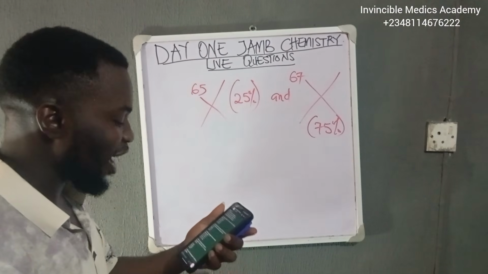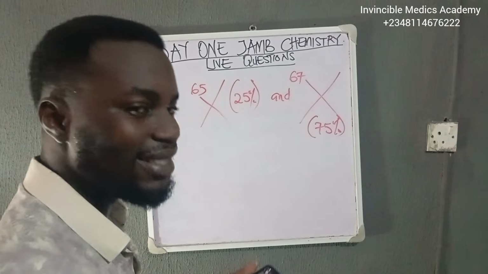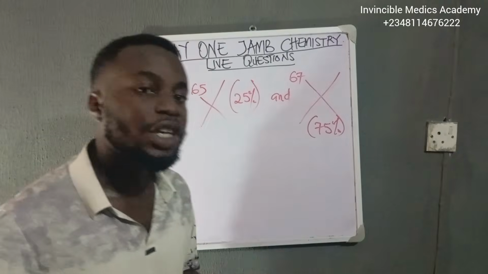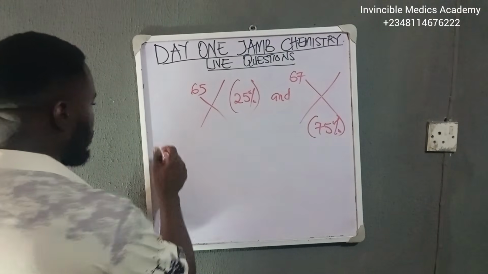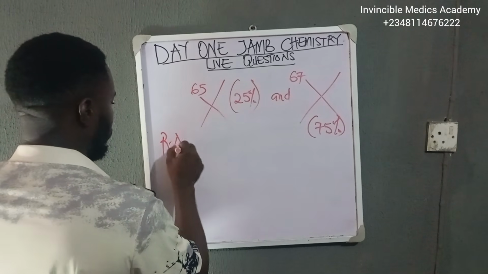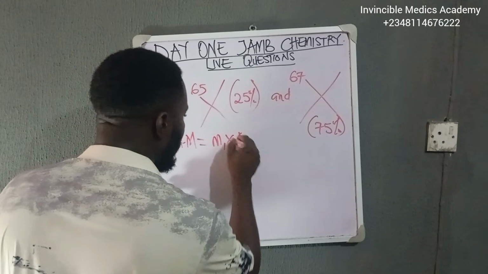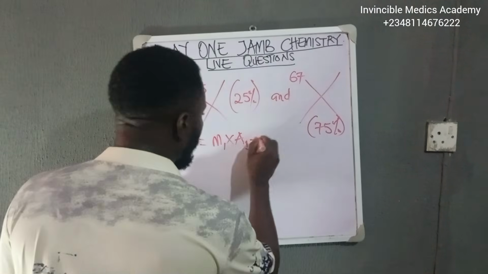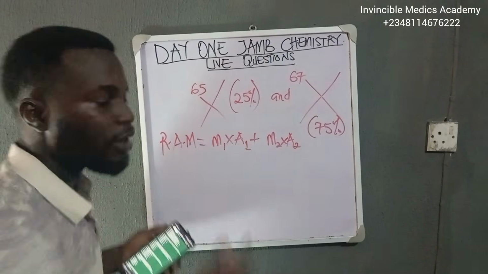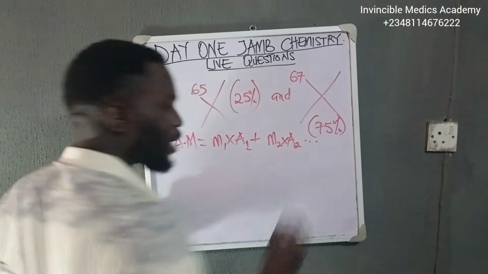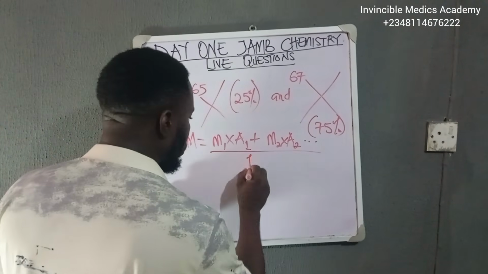As you can see, these answers are approximately close to each other, right? So what do we do? That means we have to get the exact answer. So let's go. When you are talking about relative atomic mass, what comes to your mind? Relative atomic mass, RAM, is equal to M1 times abundance of M1 plus M2 times abundance of M2, if there are 3, plus M3 times abundance of M3, divided by total abundance in percentage, which is 100%.